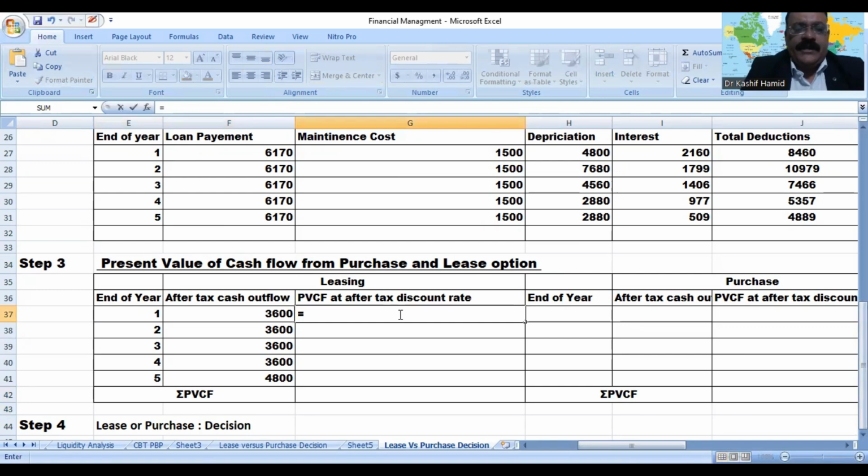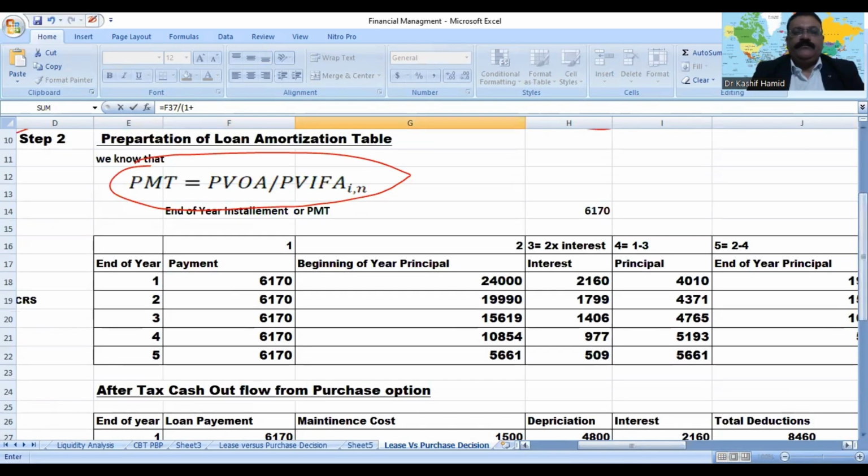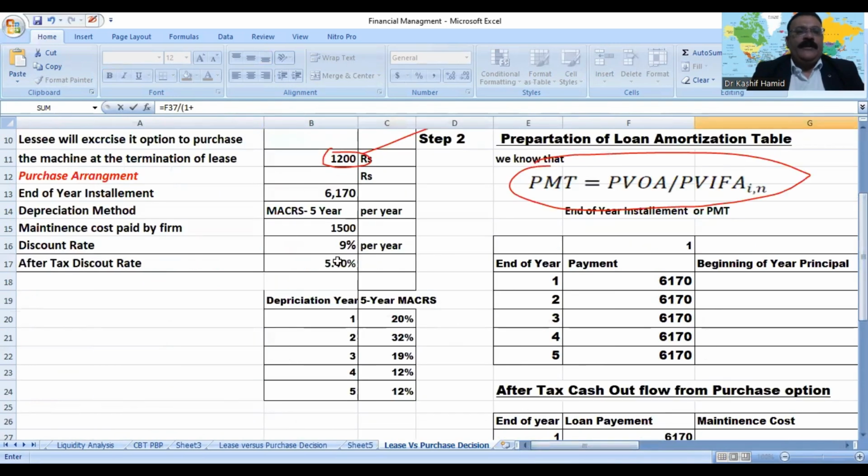Present value is equal to after tax cash outflows divided by 1 plus interest rate. The after tax discount rate is 5.40, and that is reported in B17.